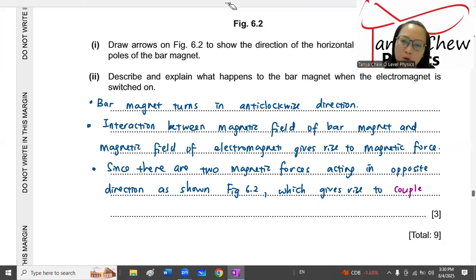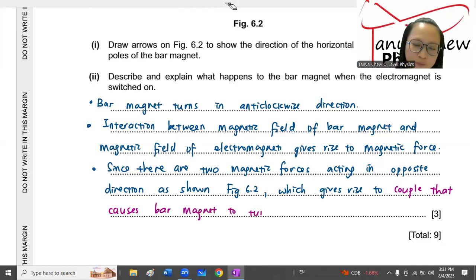The couple causes the bar magnet to turn. Couple is actually two forces of equal magnitudes that act in the opposite direction. And these two forces are not joined at one point. This is couple. Couple will always cause turning effect.